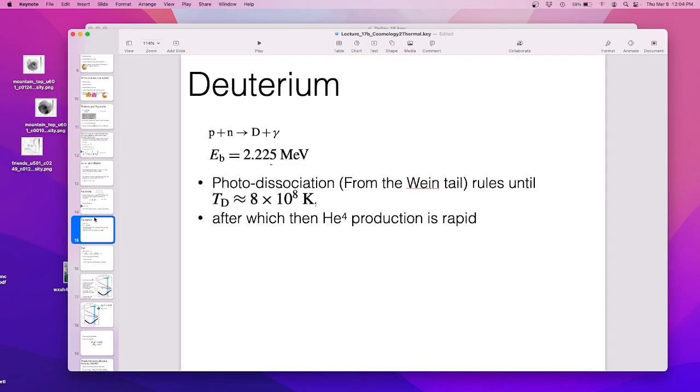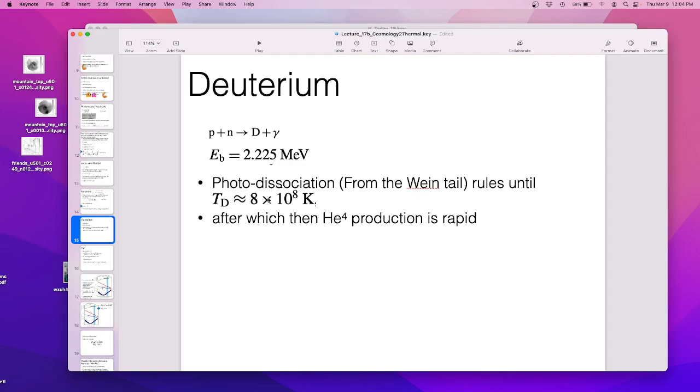And then we have deuterium. So protons and neutrons are in equilibrium with deuterium and gammas. So this one again goes both ways. You can break a deuteron apart with a photon into a neutron and a proton again, and then that neutron can decay. So these processes are in equilibrium with each other. The binding energy of a deuteron is 2 MeV, and there's this Wien tail again, with photodissociation.